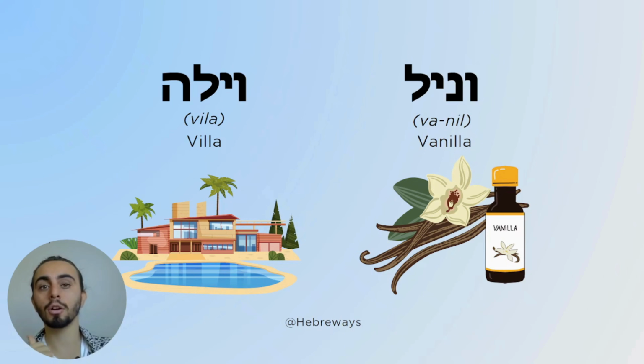Remember we said before, Glida was ice cream. Vanille is vanilla. And on the left, we got villa. Villa. Like the one I have in Hawaii. Villa. I'm joking. Villa and vanille. Perfect. We're doing well.